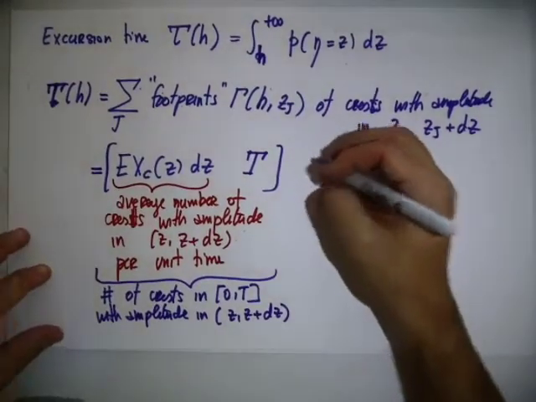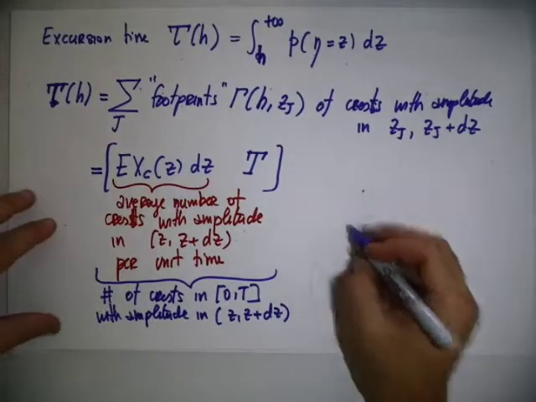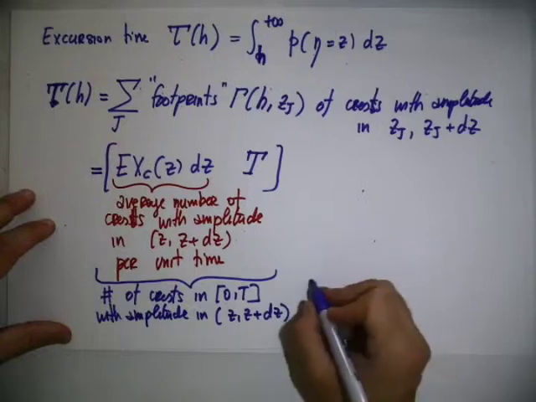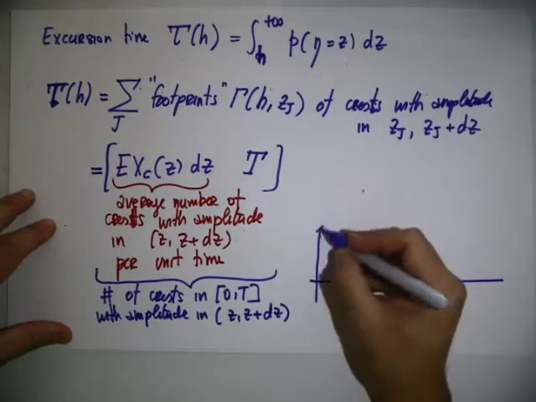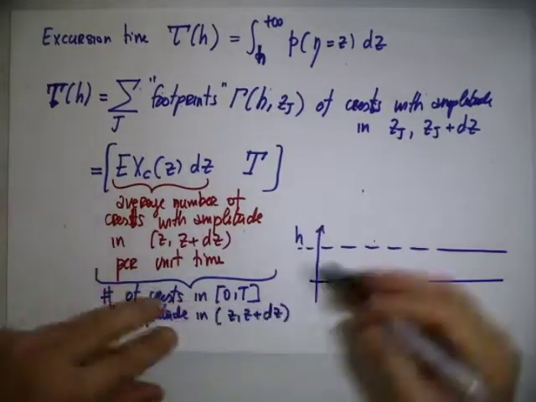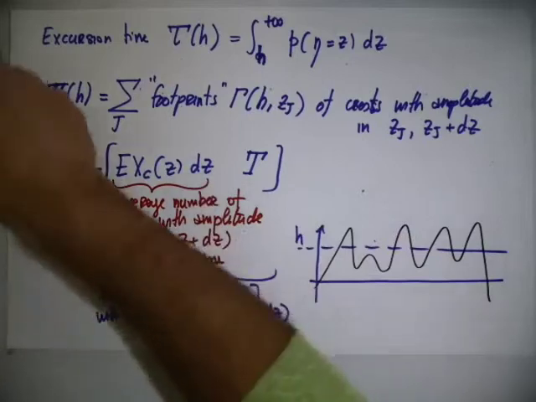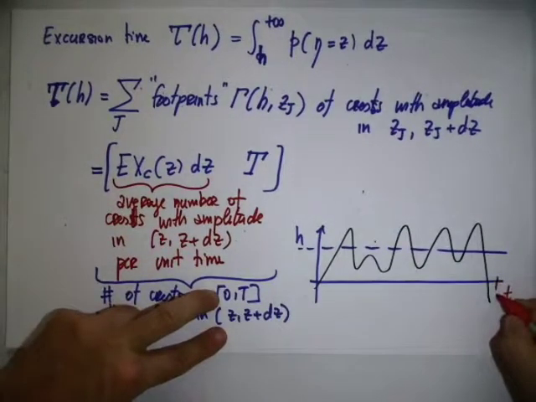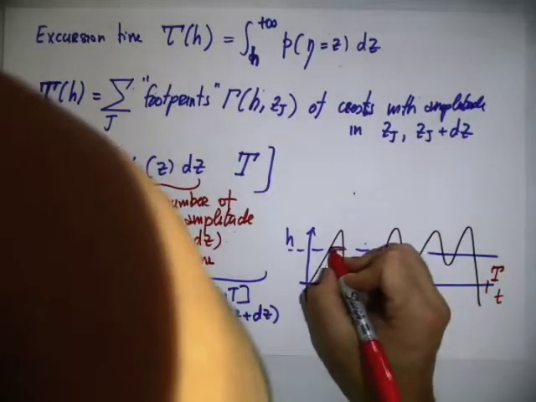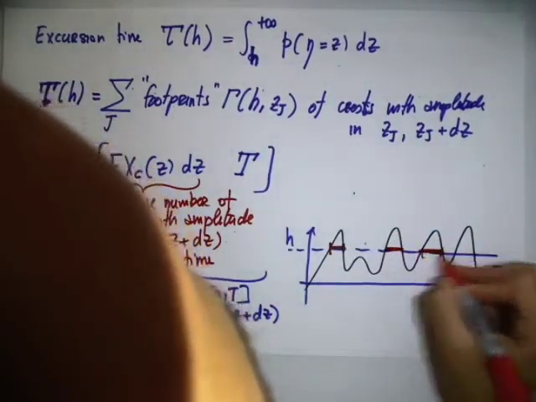Now what I know basically, this is the level h. Here I have my random process between 0 and T. So now I consider all these footprints.